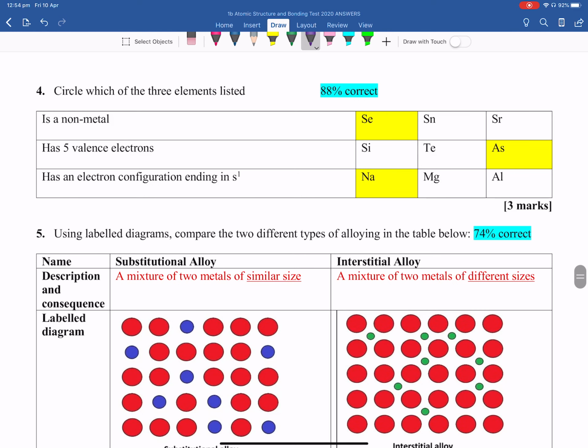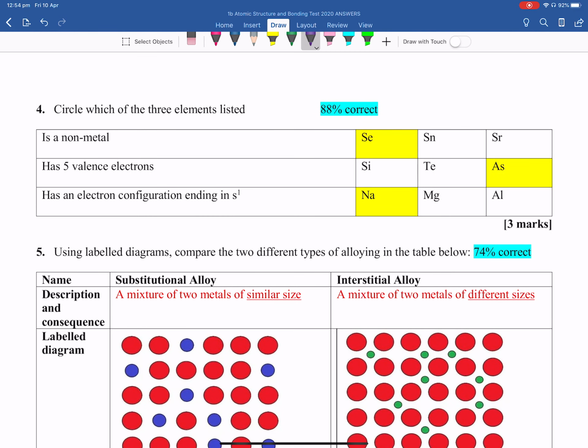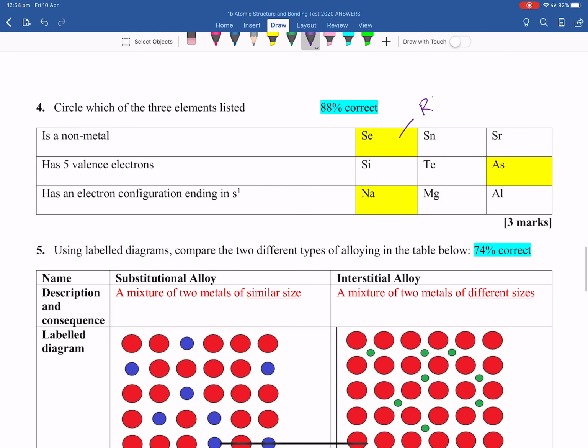Going down to this one, having a look at your periodic table here, you can see that selenium, which was funny because I mentioned that before, is over on the right-hand side of the steps.